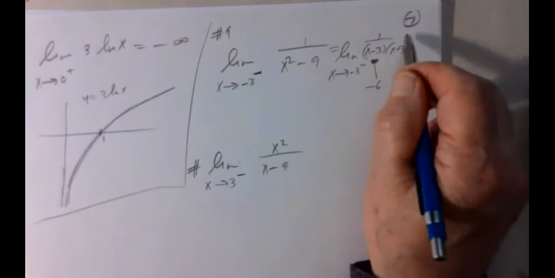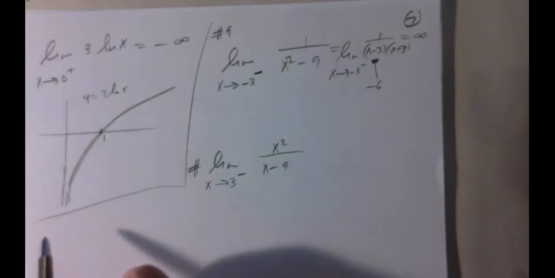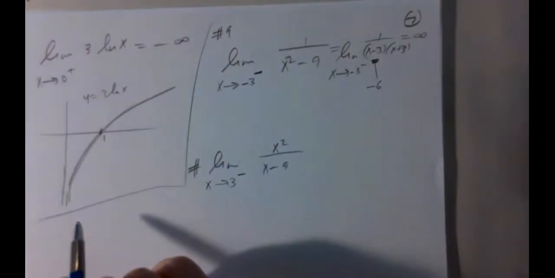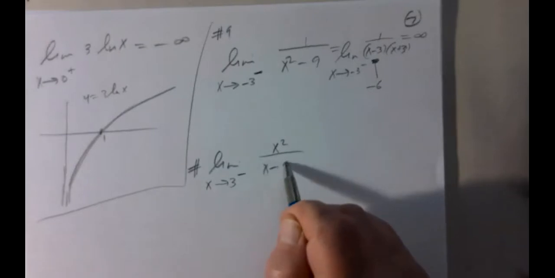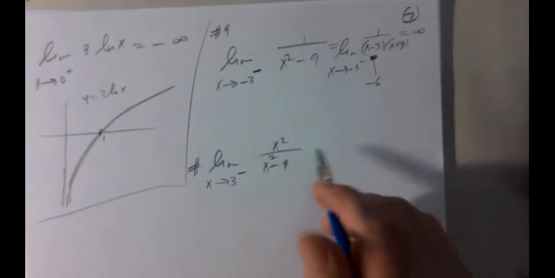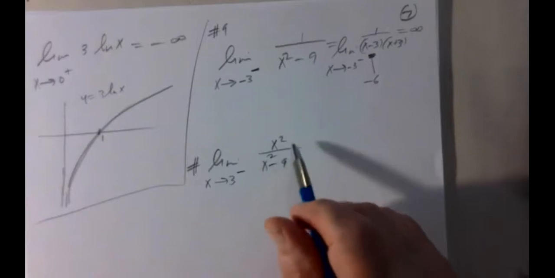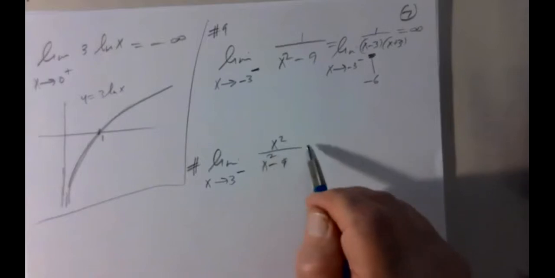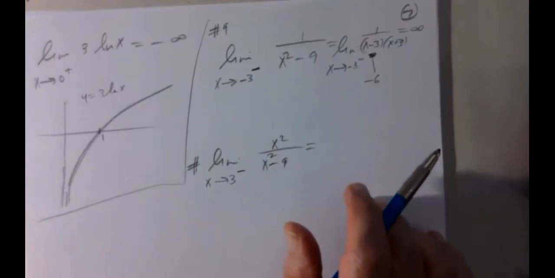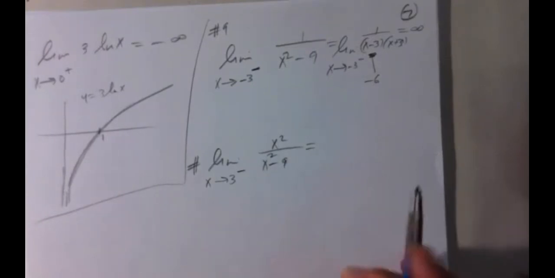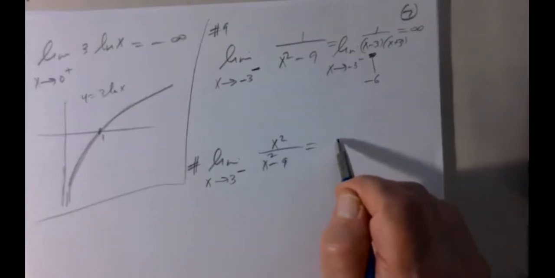So this is negative times negative, which is plus infinity. Oops, I want to do this as it is in the text. This is x squared over x squared minus 9. This is just multiplying this by a positive number, so this is still going to be infinity.